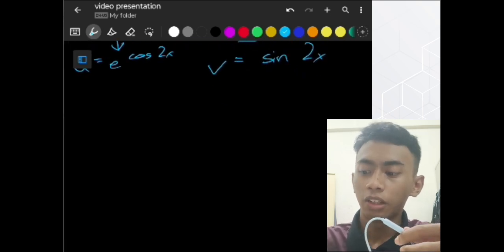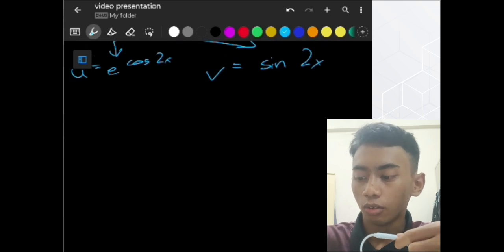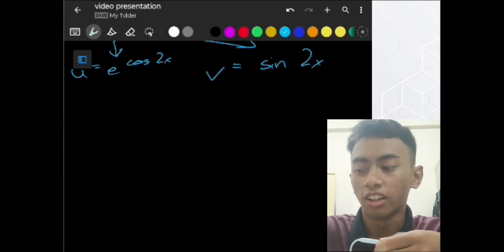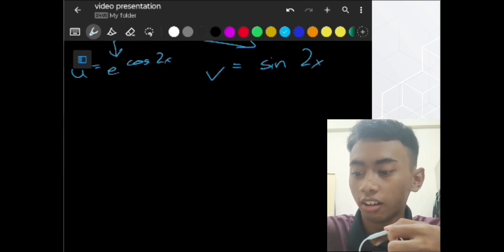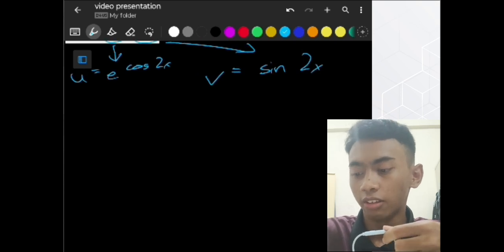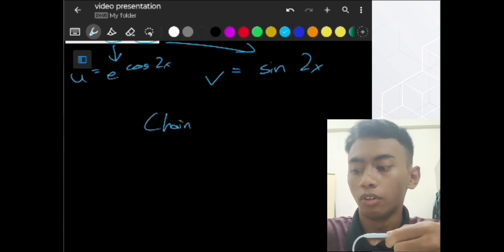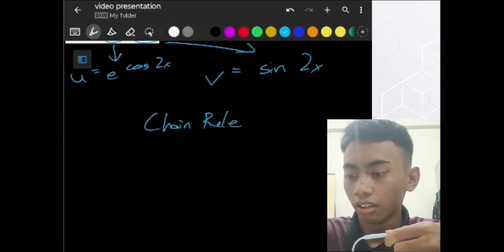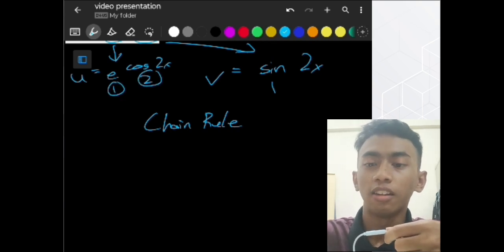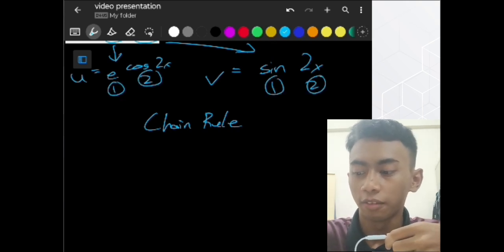Next, we must simplify these two functions to insert them in our formula. If we look at these two functions, they are composite functions, so we must use the chain rule to simplify them. For u, there's e and cos 2x. For v, there's sin and 2x.